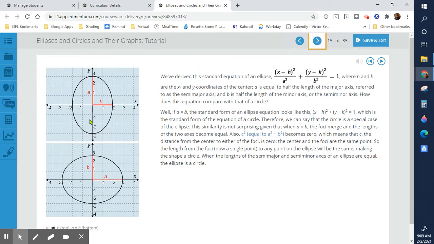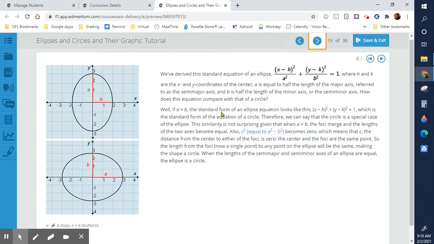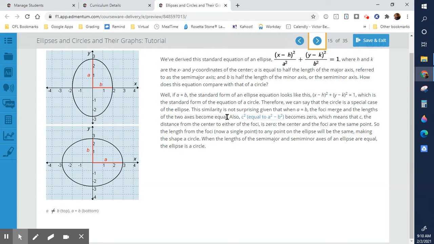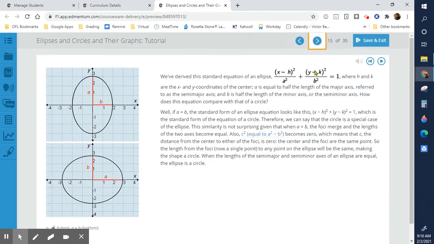So we also have vertical and horizontal ellipses, kind of just like we had for parabolas. It's important to note that this a should always be the value of half of your major axis, and b should always be the value of the minor axis.